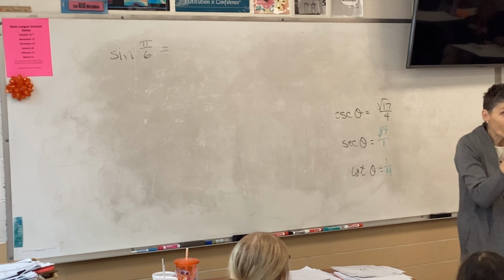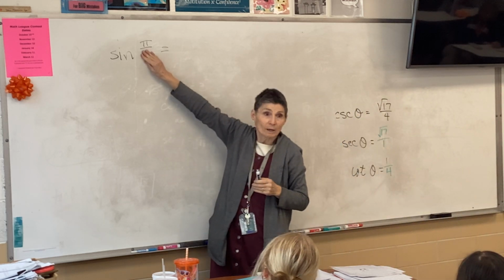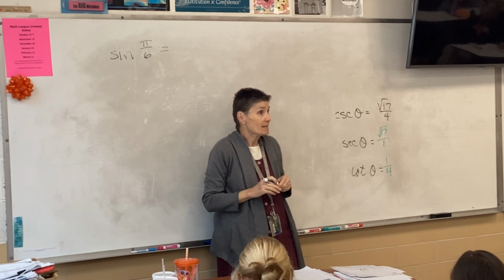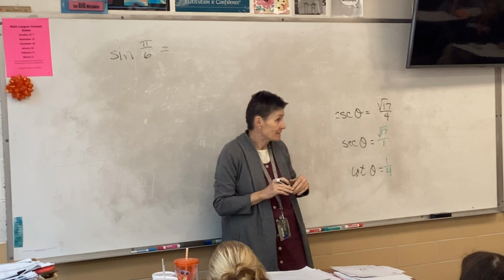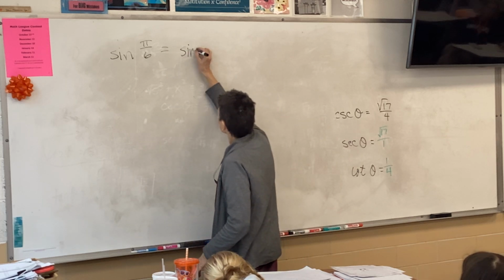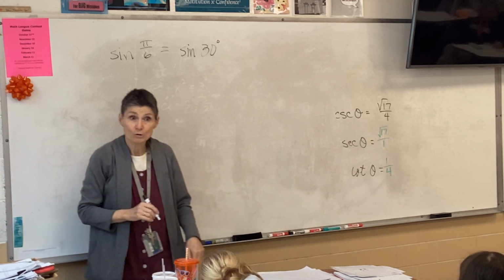A whole pi is 180. So if all we had was that, it would be 180. But we're dividing it by 6, so it's 180 divided by 6, which is 30. So we're finding the sine of 30 degrees. We're going to do it without a calculator.